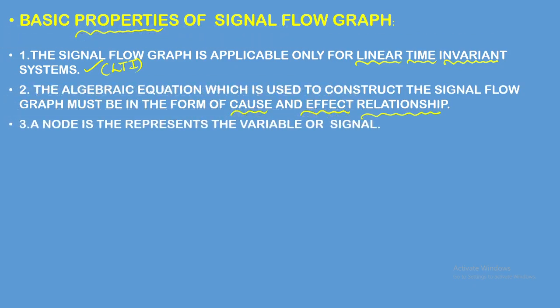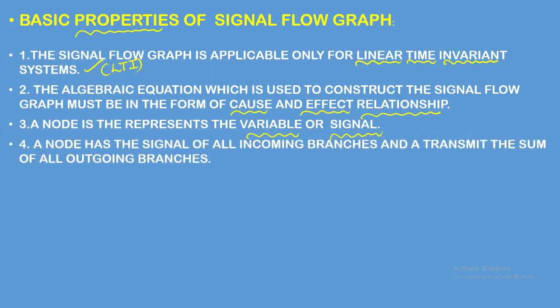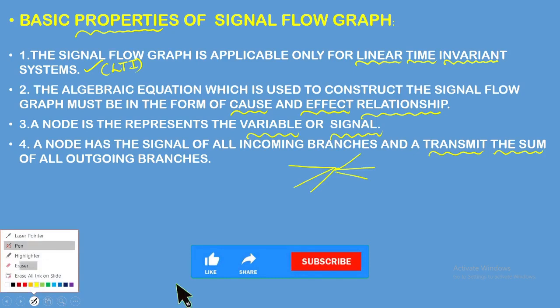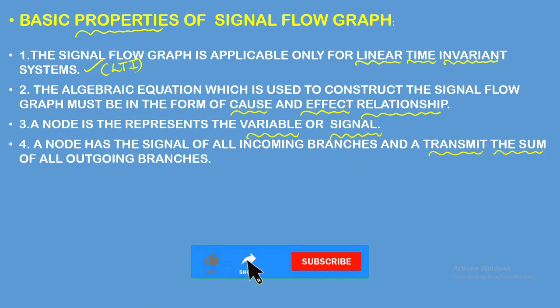Next, a node represents either a variable or a signal, as we have seen in the previous equations. Next, a node adds the signals of all incoming branches and transmits the sum to all outgoing branches. That means whenever signals come into this node, it also transmits an output. That is the meaning of incoming and outgoing here.